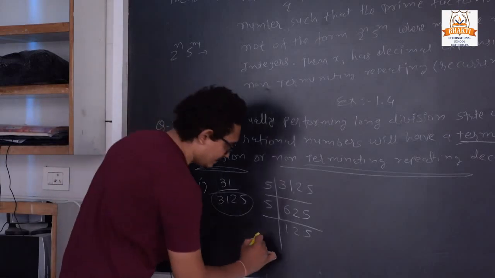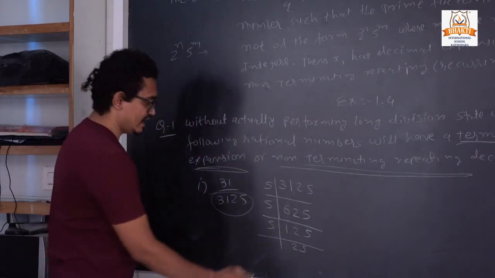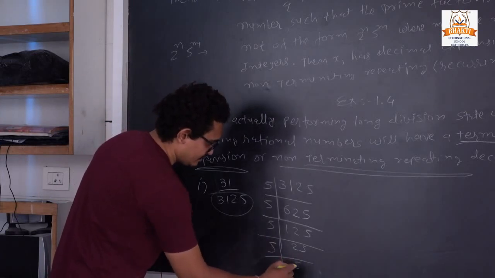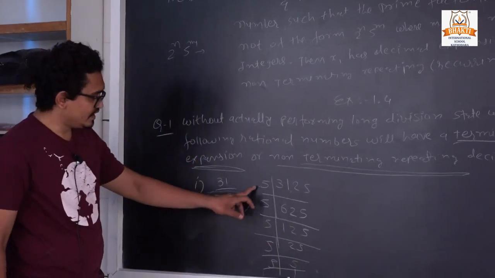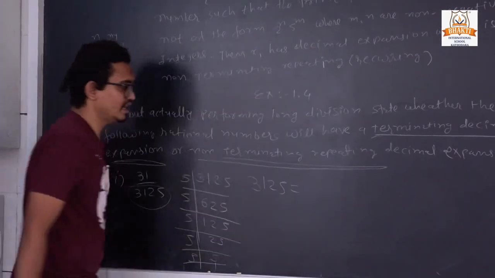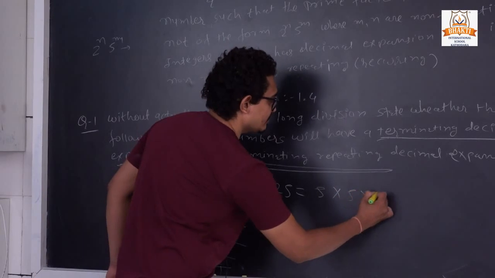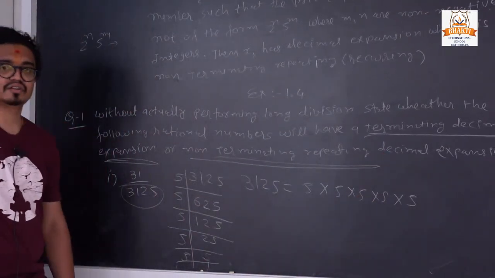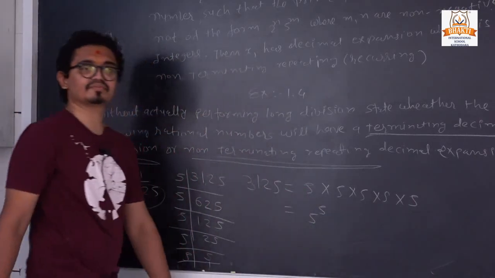Once again we divide by 5, so it will be 25. And last, if it is divided by 5, it will be 5, and 5 ones are 5. So the factorization of 3125 is 5 times 5 times 5 times 5 times 5, so the denominator can be written as 5 raised to 5.